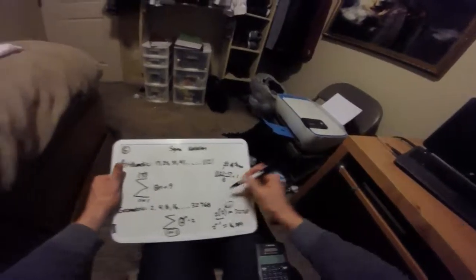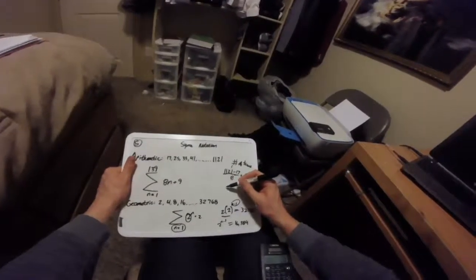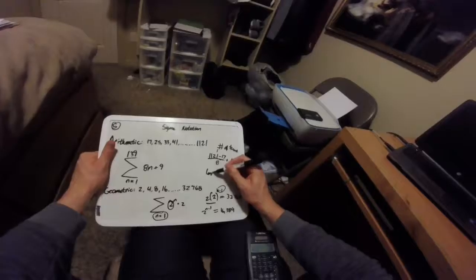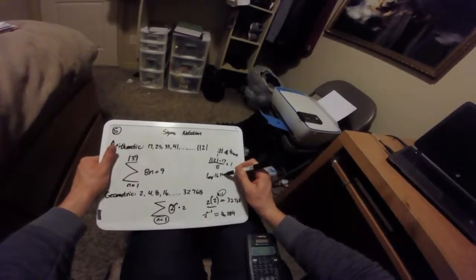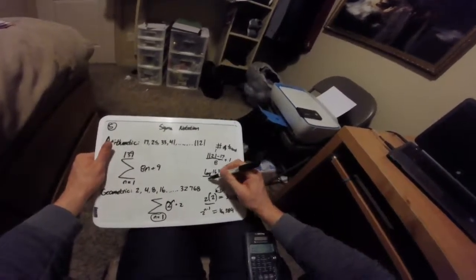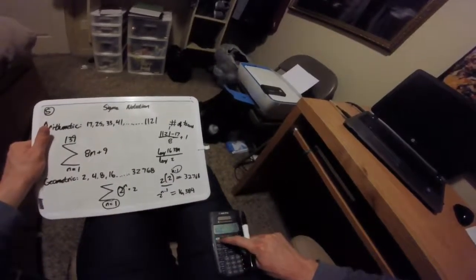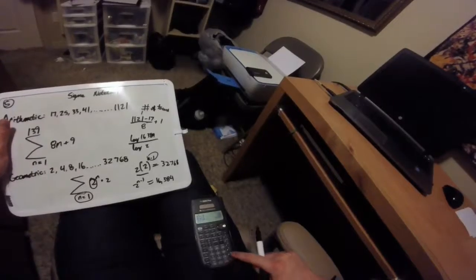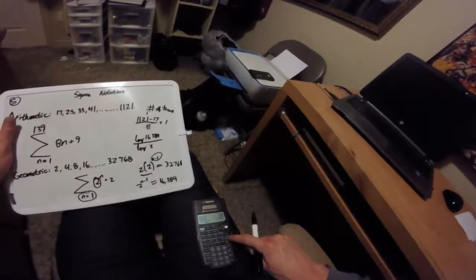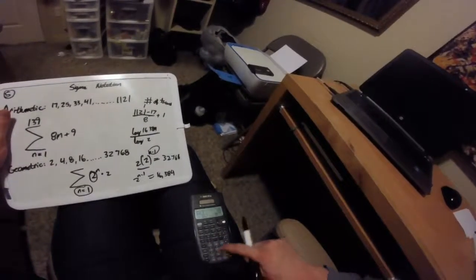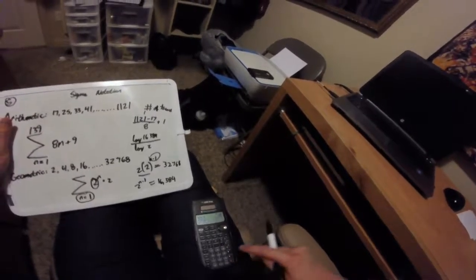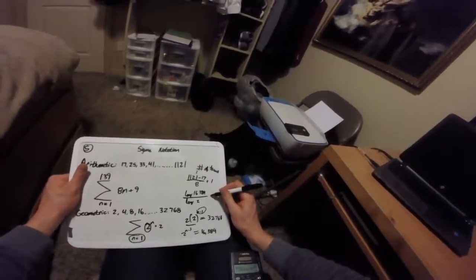So log of 16,384 divided by the log of 2 leaves me with 14.